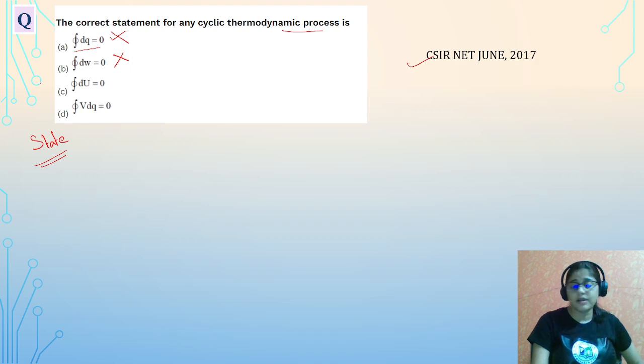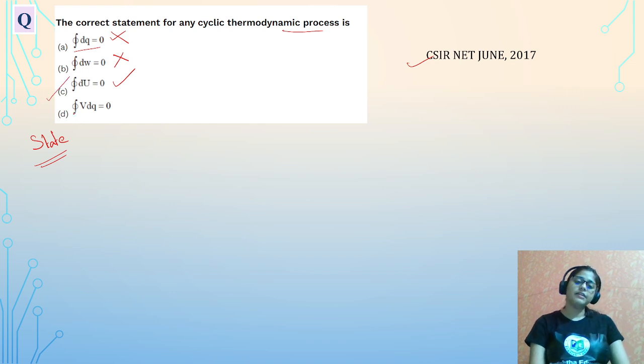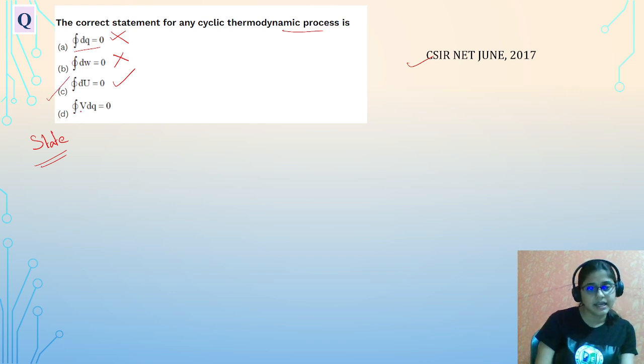So these two are actually not happening. du, we know that this is the internal energy change, which is a state function. It depends on the temperature of the system, right? So in the cyclic process it will be 0. This is correct. Here we have to find the correct option, but let's see what is happening.